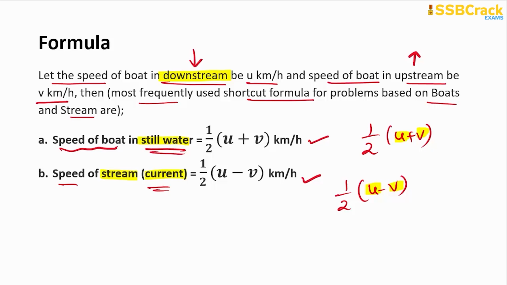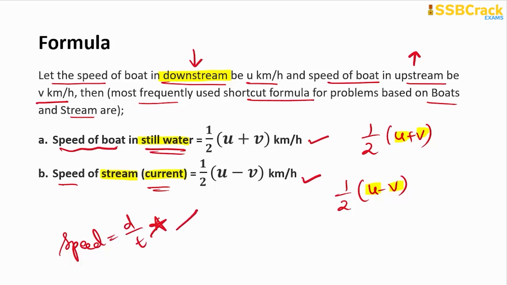In defense examinations, they might give you the speeds directly, that is downstream and upstream speed. But there will also be a question where they won't give speed directly, but they will give the distances for upstream and downstream, and the respective time of motion for upstream and downstream. So you are the one to get the speeds. First of all, determine the speed by the basic formula of speed, right? Speed is equal to distance upon time.